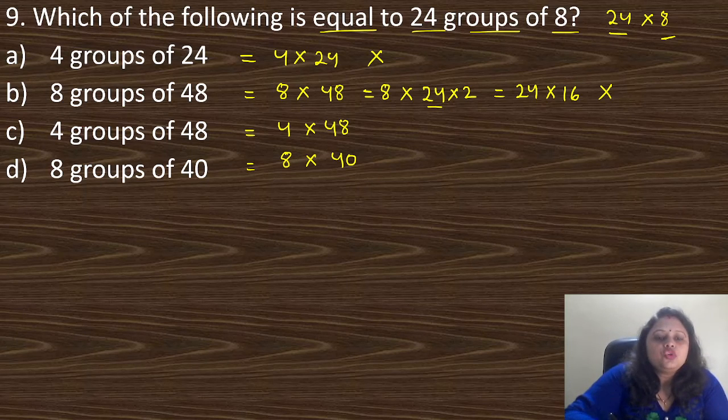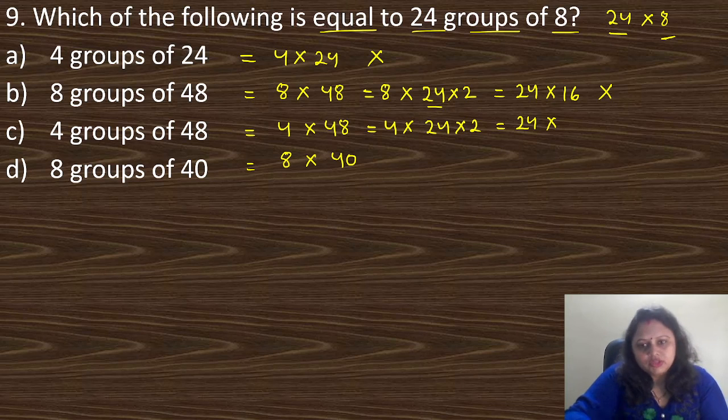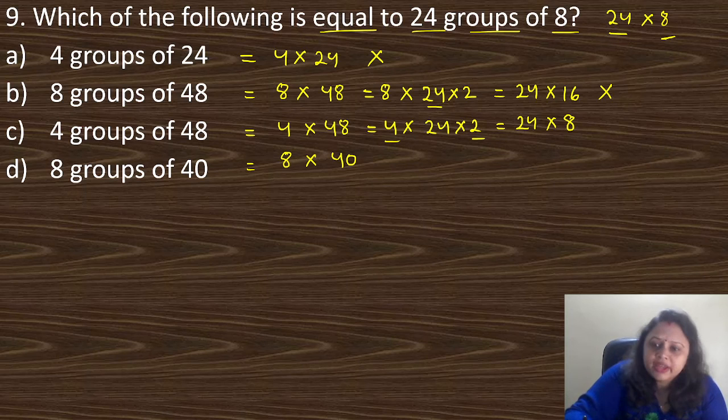Next, 4 groups of 48, that is equal to 4 into 48. We have to convert it in terms of 24. Can we? Yes, 48 equal to 24 into 2, and we have to keep 24 constant as we are following a shortcut method. Okay. So apart from 24, what is present? 4 into 2. 4 into 2 is how much? 8.